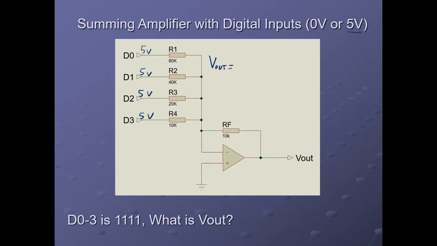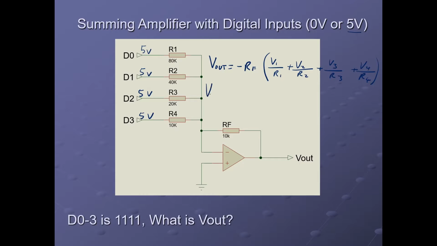Using the equation, V out equals minus RF times V1 over R1 plus V2 over R2 plus V3 over R3 plus V4 over R4. Long equation, but it's fairly simple.